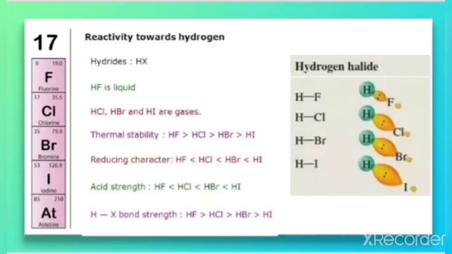When you compare the thermostability, that also depends upon the bond length, because the greater the bond length, the easier it is to break. Easy to break means thermally unstable. So which one will be more stable? HF will be the most stable, then HCl, then HBr, HI. Which is the most unstable?